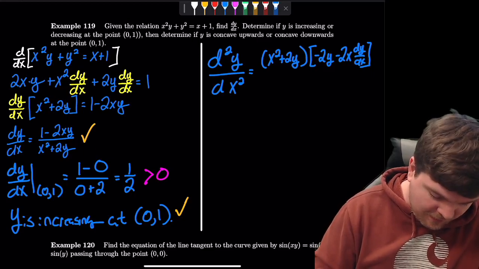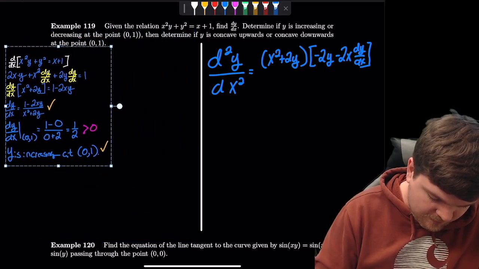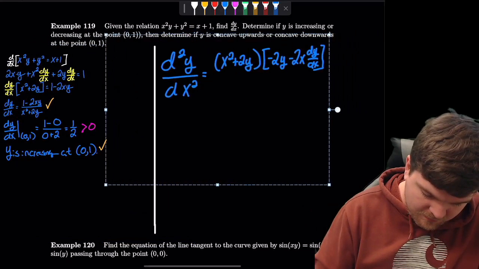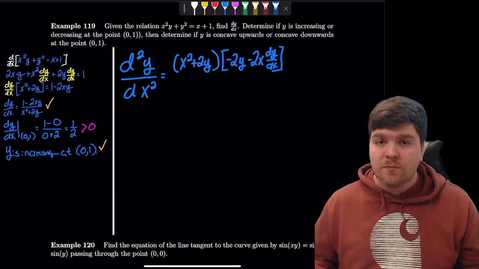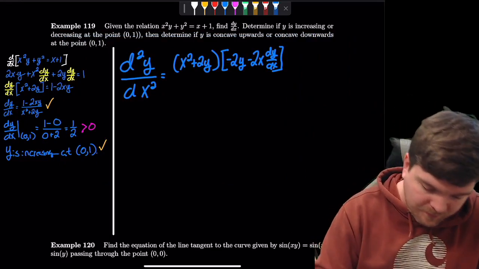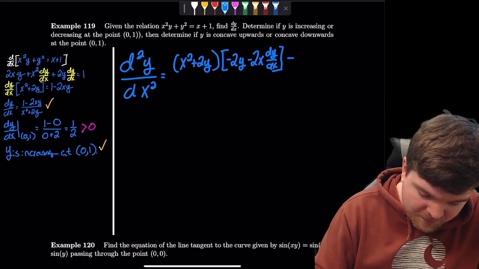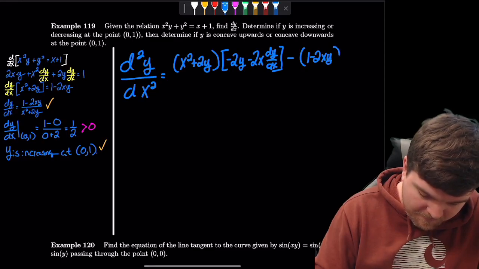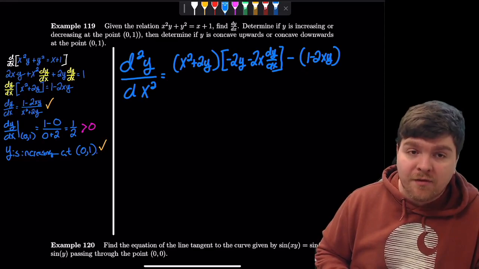I'm going to give myself a little bit more space here. So at this point, we have our low times d high. Minus, now we're subtracting off our high function, which is 1 minus 2xy, times the derivative of the denominator.